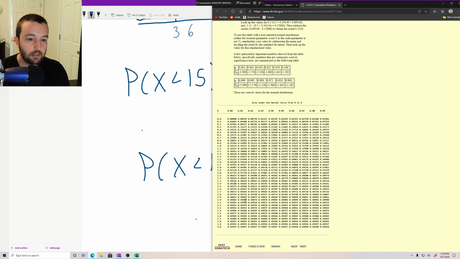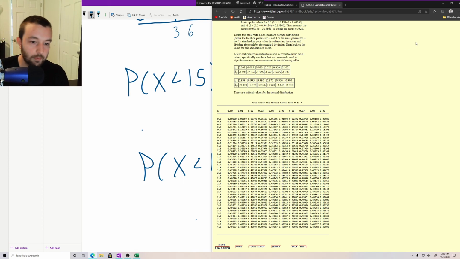Now, notice there's really no way to do this unless we standardize everything, right? We need to have the standard mean and standard deviation. Otherwise, there's no way for us to really do this, okay?